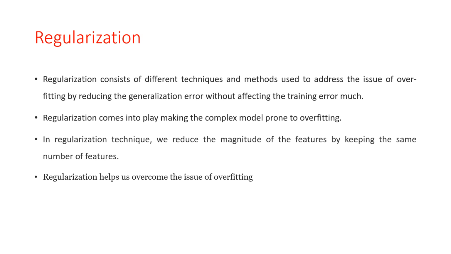This is where regularization comes into play, making a complex model less prone to overfitting. Regularization is one of the important aspects of machine learning. It is a technique to prevent the model from overfitting by adding extra information.